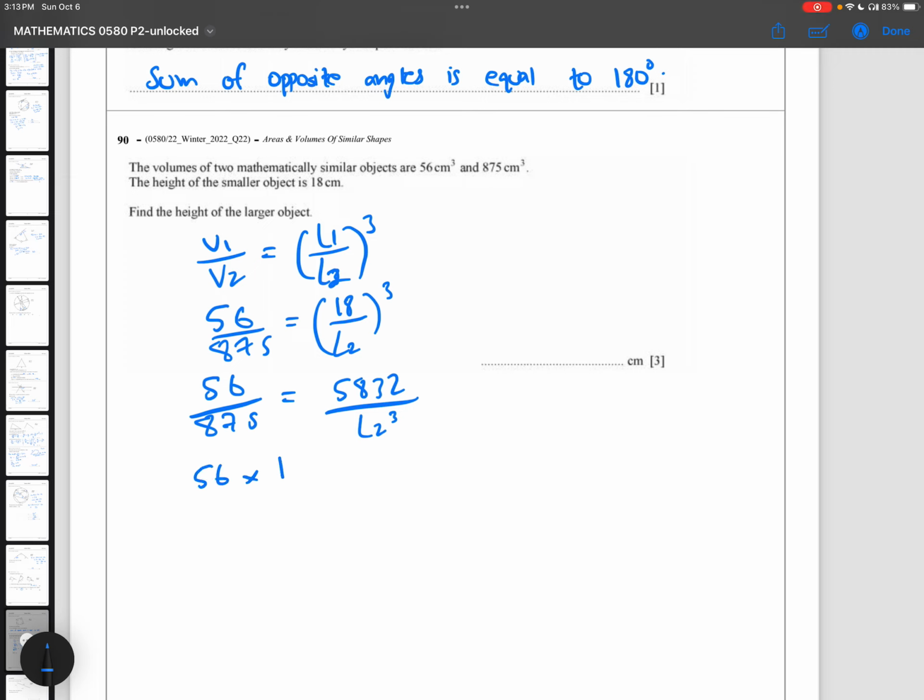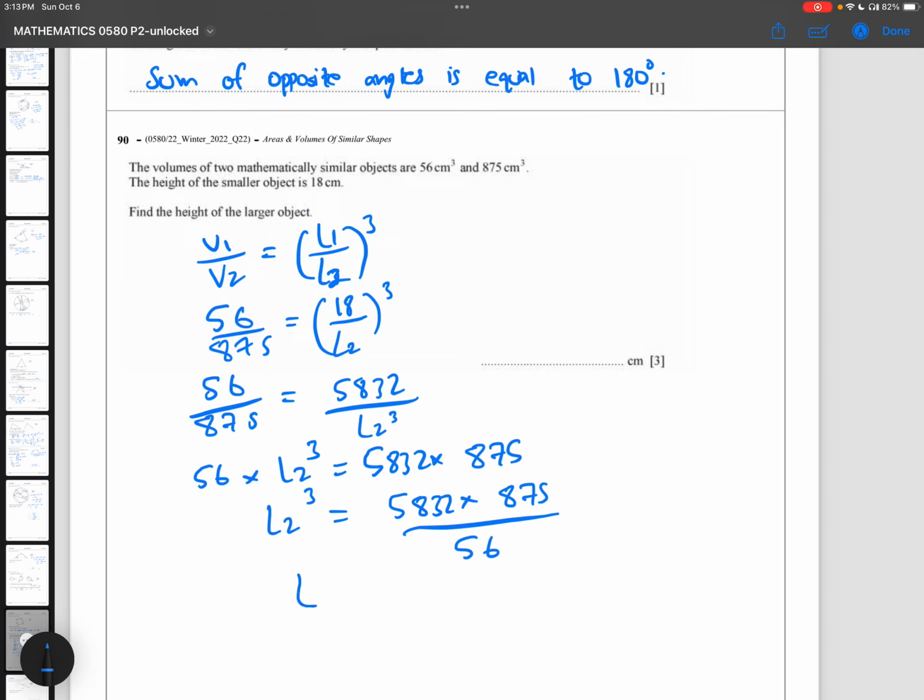It will be multiplied with 56, and 5832 will be multiplied with 875. This 56 is being multiplied over here. When I move it to the right side, it will be divided. So now let's do the calculation. 5832 multiplied by 875 divided by 56 will give us 91,125.